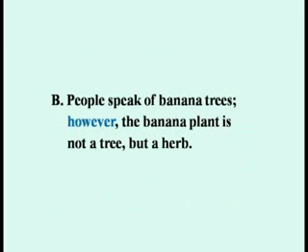People speak of banana trees. However, the banana plant is not a tree, but a herb. Thus indicates that what follows is a result of what has already been said. However, indicates that what follows is in some way different to what has already been said.